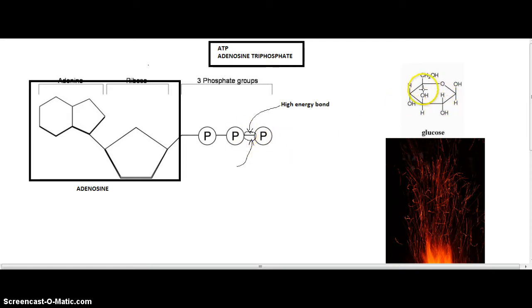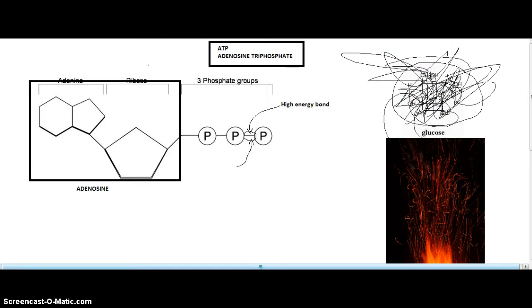Now, if you were to try and access the energy of glucose directly, by breaking it apart at certain areas, it would just explode all over the place, and you would eventually turn into a fireball.